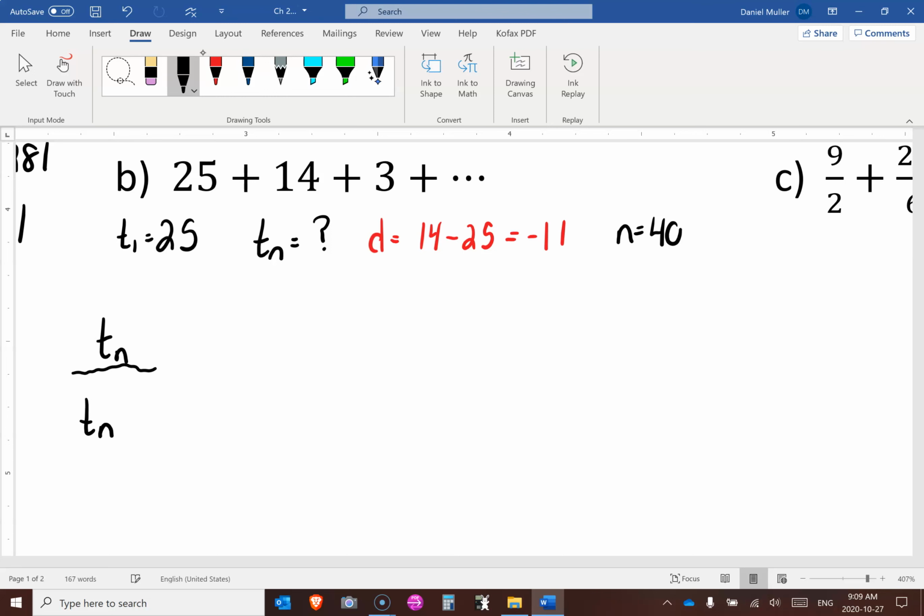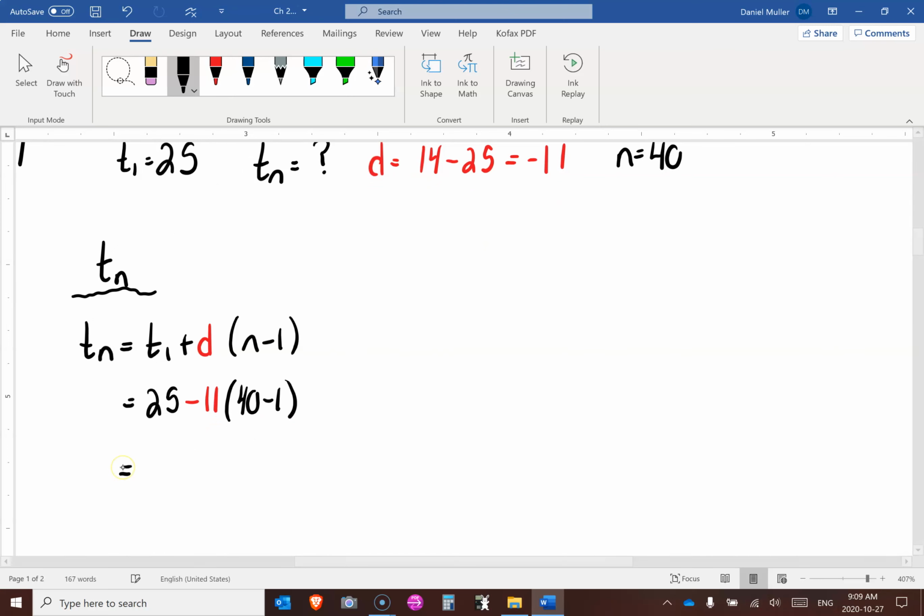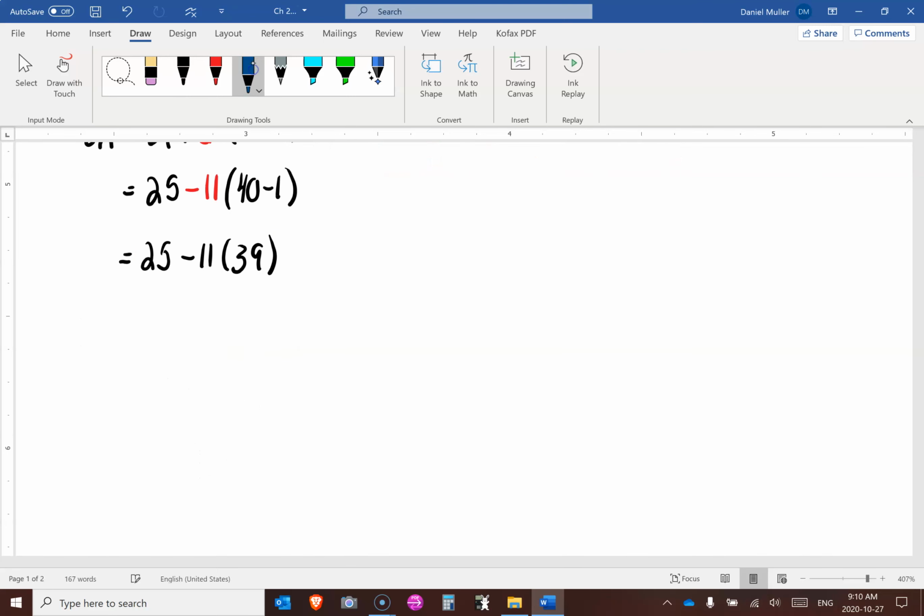So the Tn equals T1 plus some sort of D, and then n minus 1. So T1 is 25 plus negative 11. So I'm just going to write a minus 11. N is 40 minus 1. So 25 minus 11 times 39. Great. I don't know what my 39s are. So 39 times 11.